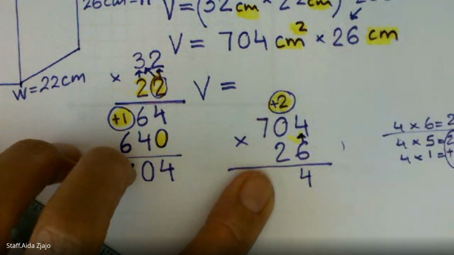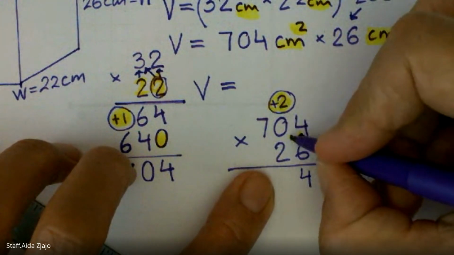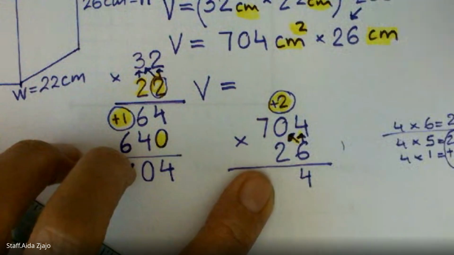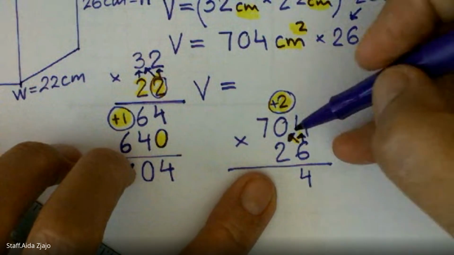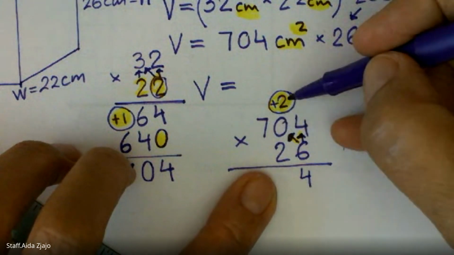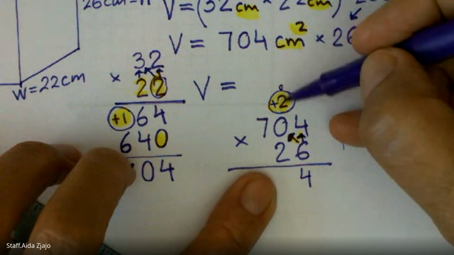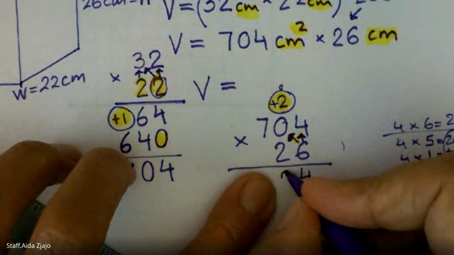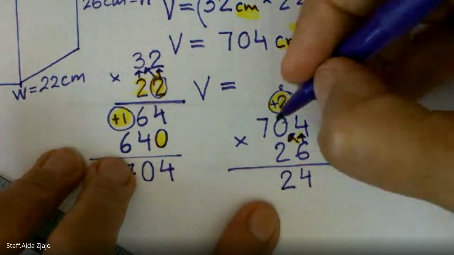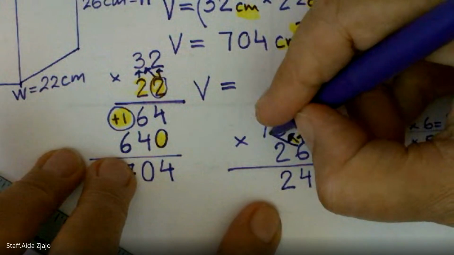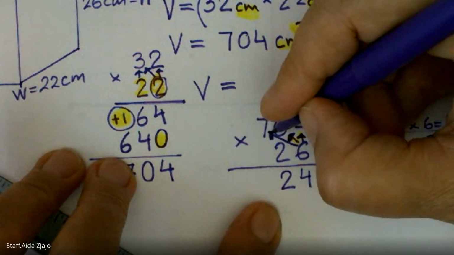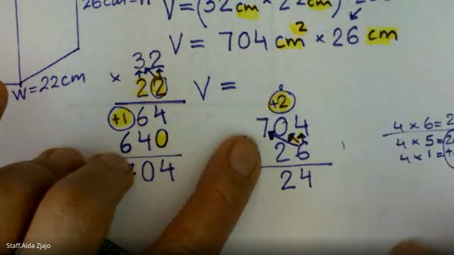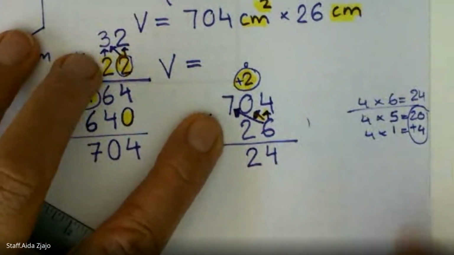You move to the tens. So now 6 ones times 0 tens. 6 times 0 is always 0. When you multiply by 0, you get 0, but you need to add 2. So 0 plus 2 is 2. Next is 6 times 7. If you don't know what 6 times 7 is, you can use that strategy again.